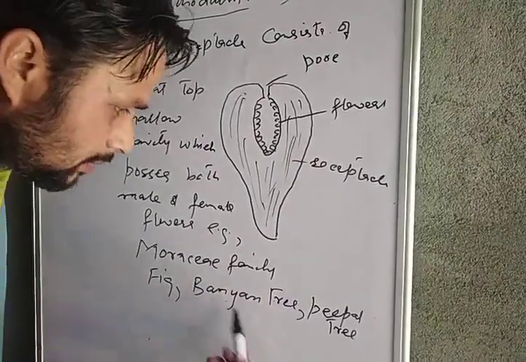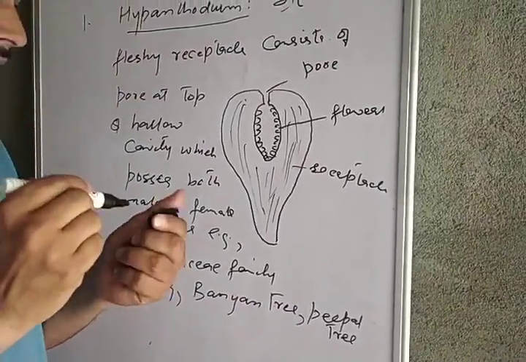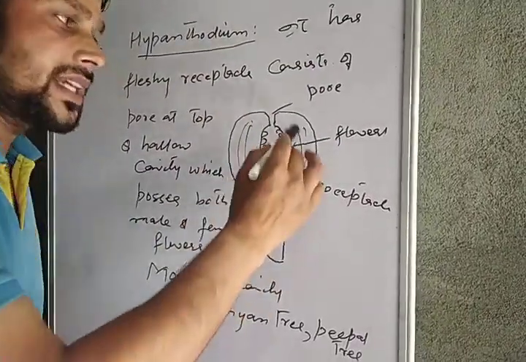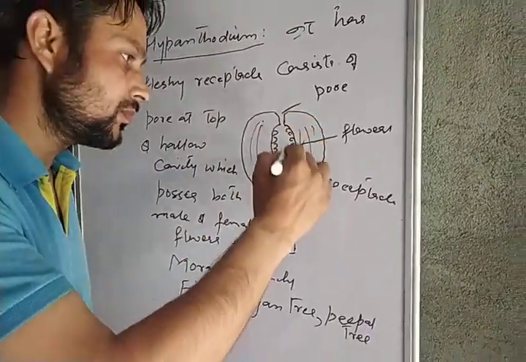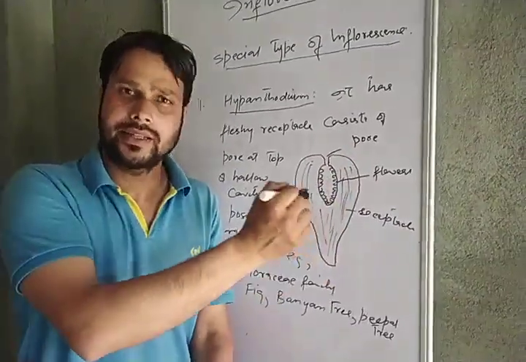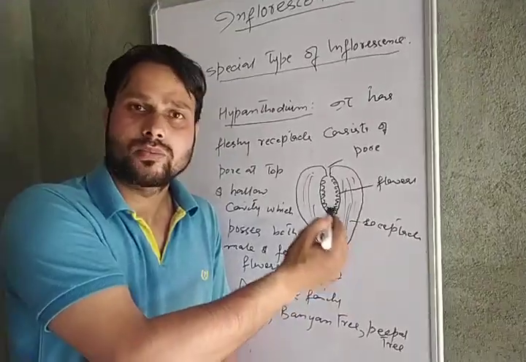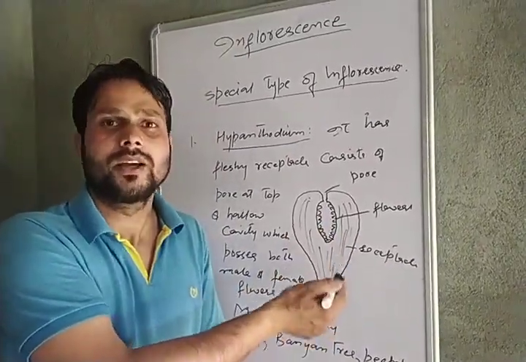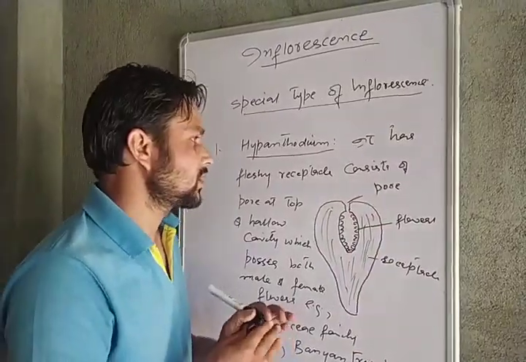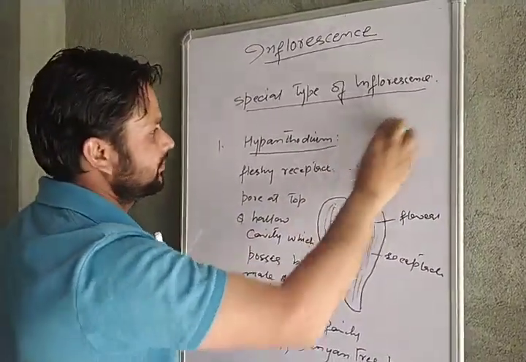In this, there is a fleshy receptacle which has a hollow cavity inside, consists of a pore, and in this hollow cavity it possesses both male and female flowers. Okay, this is special type of inflorescence. Next one.